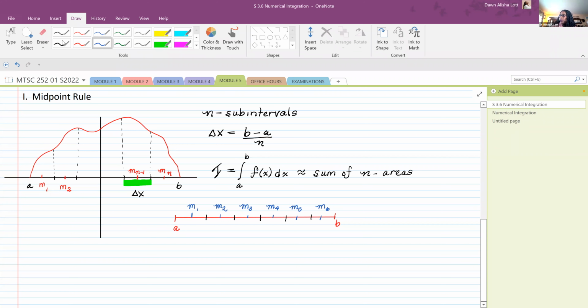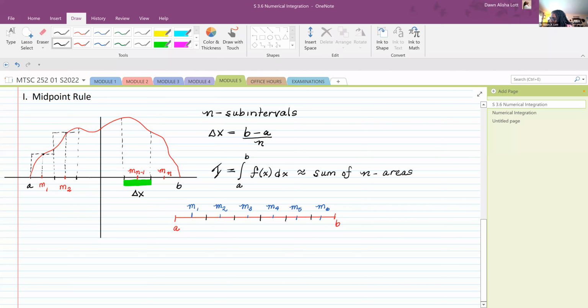So you have those, and then you go up as high as you can to find f of M1. So now that I have f of M1, I am going to draw a rectangle the height of f of M1. I'm going to go all the way up to M2, and draw a rectangle whose height is f of M2.